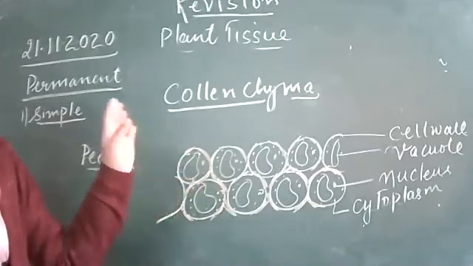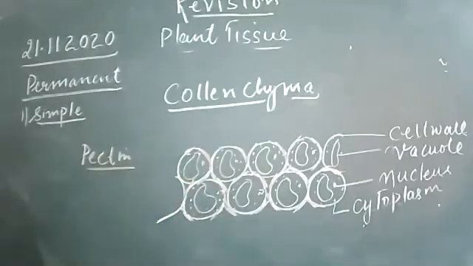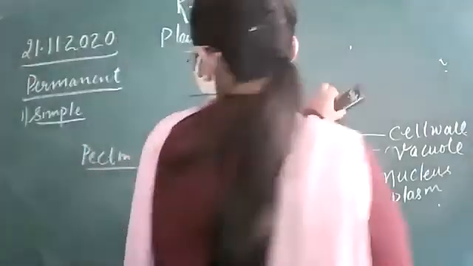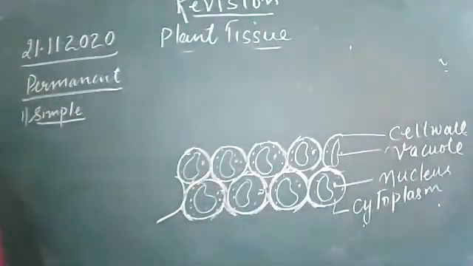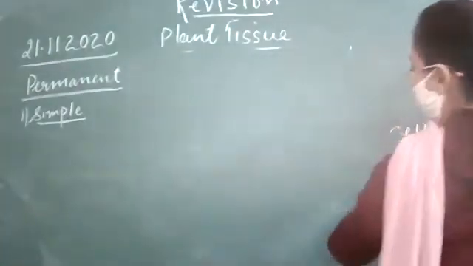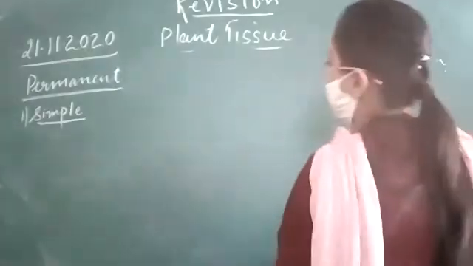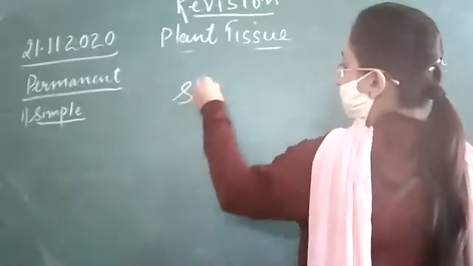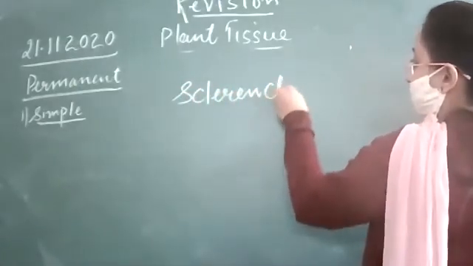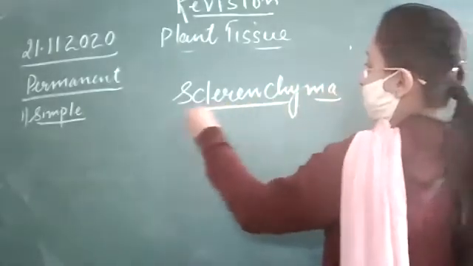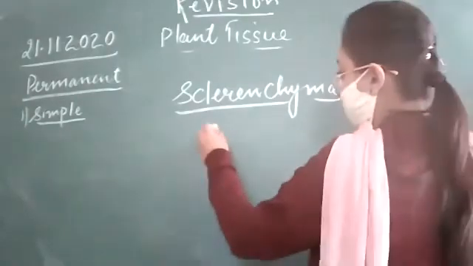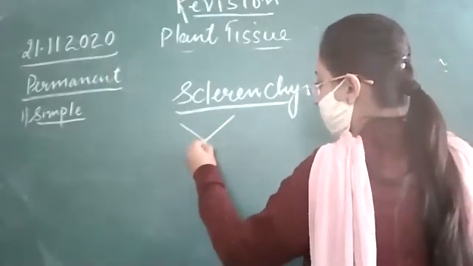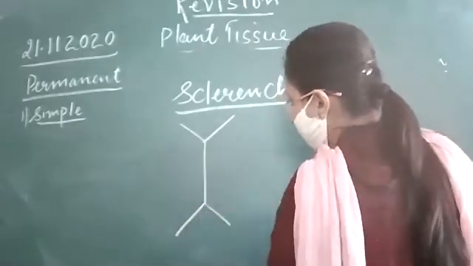Okay, so let us now do the last simple permanent tissue, that is sclerenchyma. Now sclerenchyma. This is the cell wall of the cell.